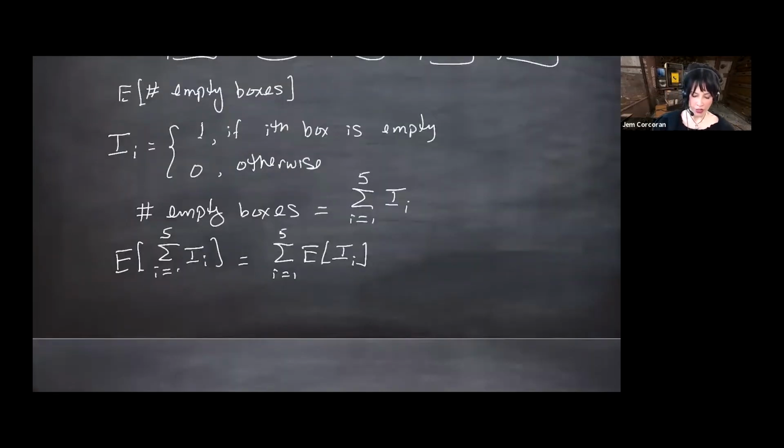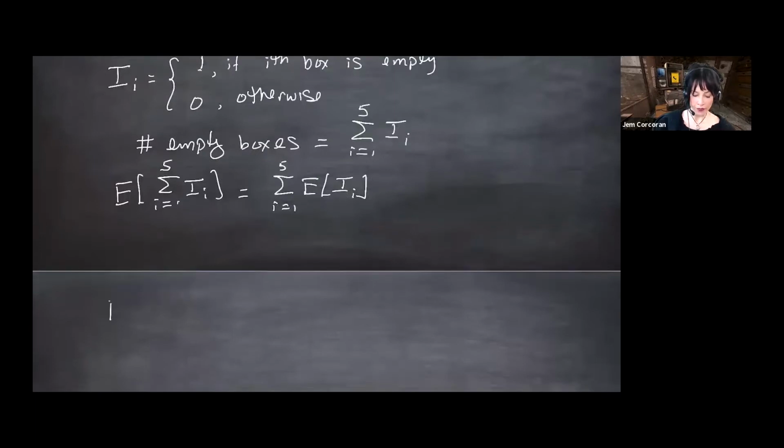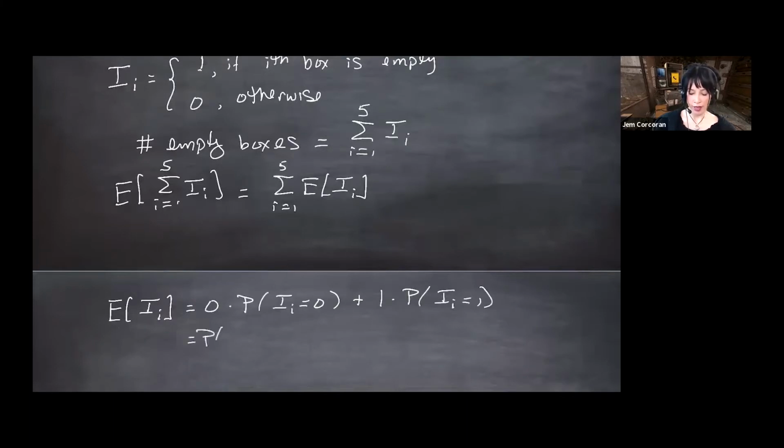So just to look at one expectation alone, the expected value of I sub i is going to be 0 times the probability that I sub i equals 0 plus 1 times the probability that I sub i equals 1, which is just that last probability. Everything else goes away. And I sub i is 1 if and only if the ith box is empty. So this is the probability the ith box is empty.